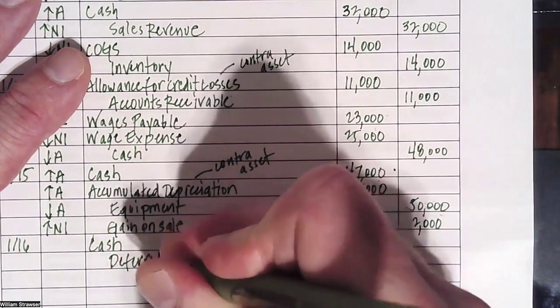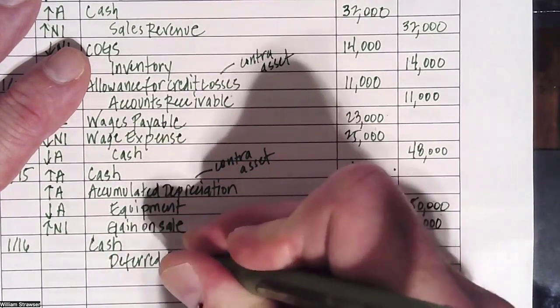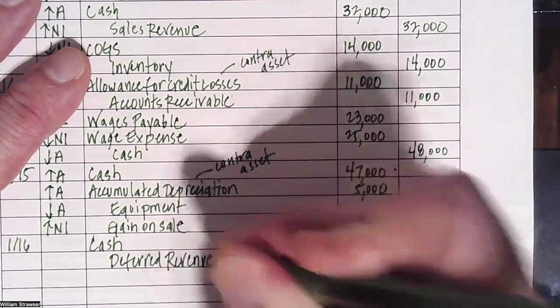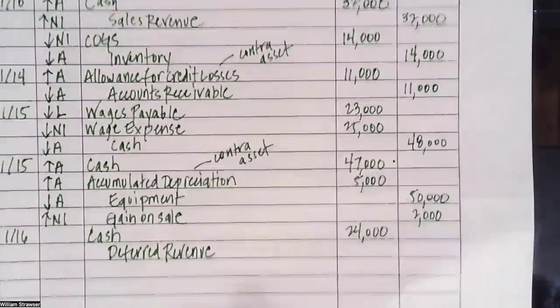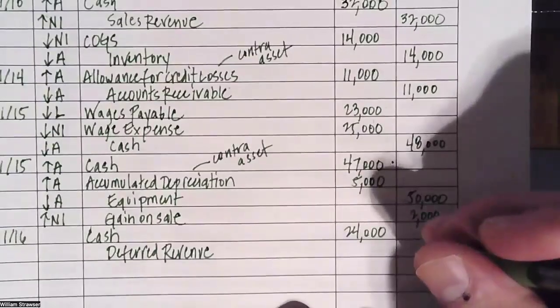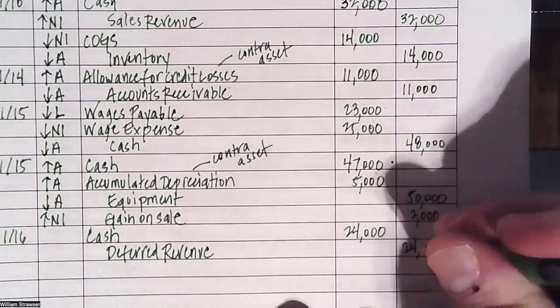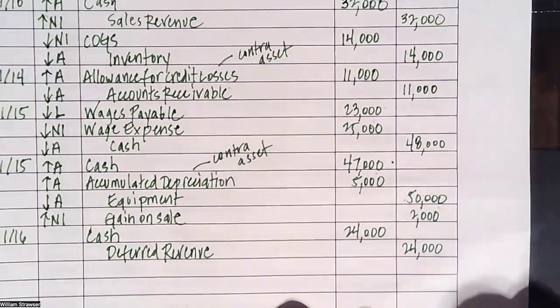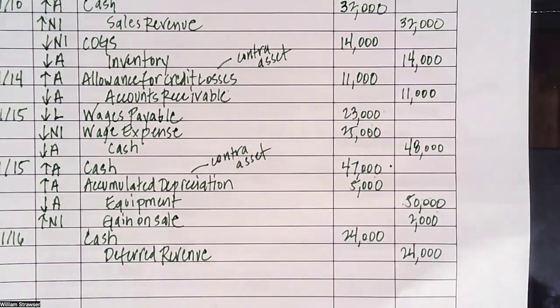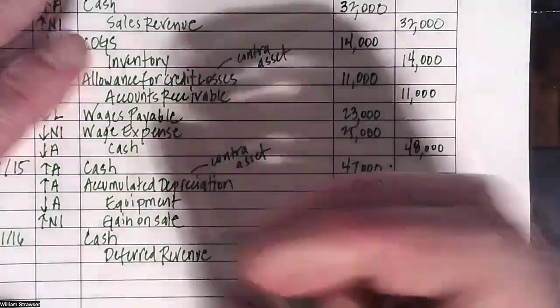Now, deferred revenue is the same thing as unearned revenue. But in life, and only in intro, really, do we call it unearned revenue. So everywhere else, in intermediate and beyond, in life, they call this deferred revenue because they're not going to record the revenue until they've done the work at a later period.